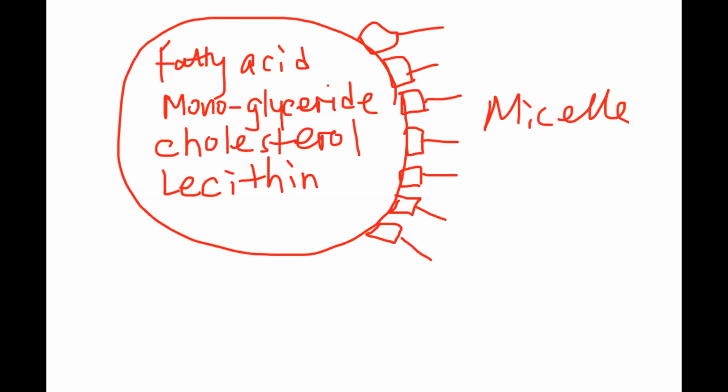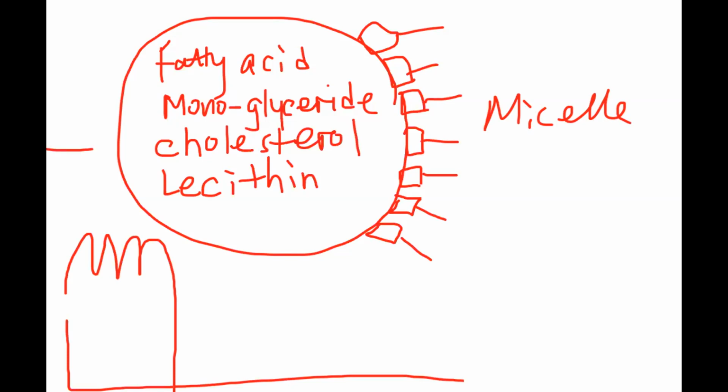Okay, so once you have this micelle, it can be moved into the small intestine cells. Let me draw the small intestine lining cells here. This is the lumen. The food, the chyme, is moving that way.